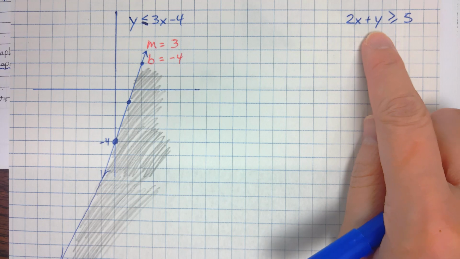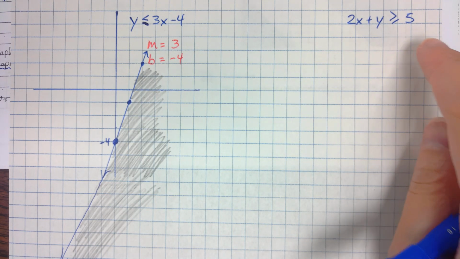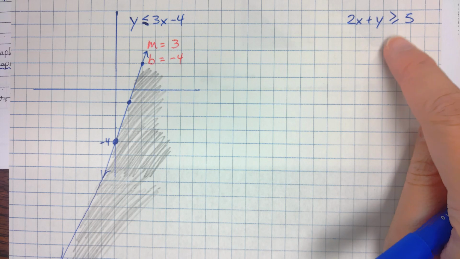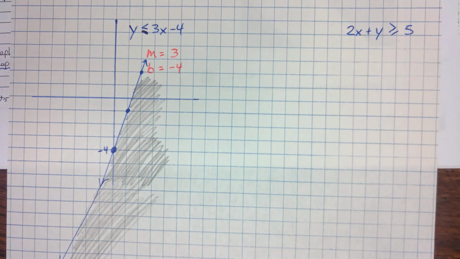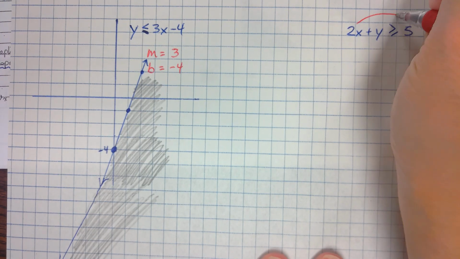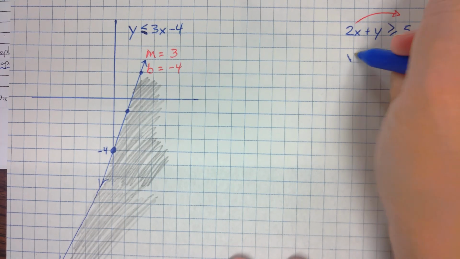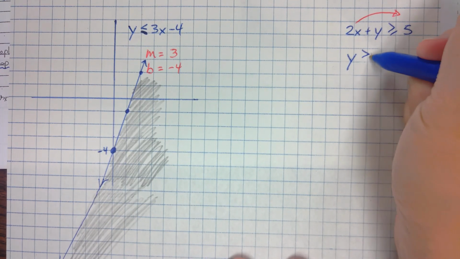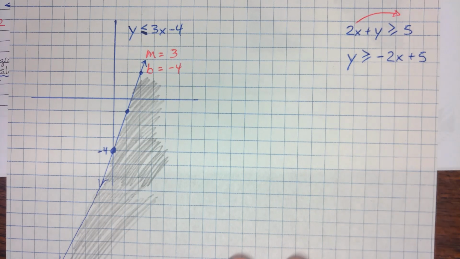Okay. For this one right here, what's wrong with this? Yep. Right, it's not in y equals mx plus b form, so I have to move away what? What do I have to move away? The 2x. And when I move that 2x? Right. So y is greater or equal to -2x plus 5. Okay.